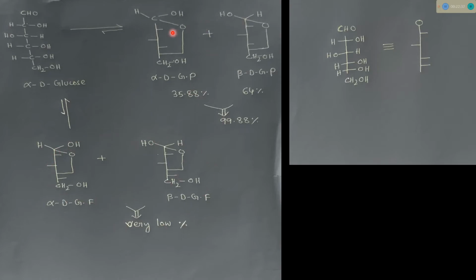Still, among these four anomeric forms, the proportion of this alpha D glucofuranose is very low, very low. Still, since only in this structure there are two equivalents of 1,2-diol, when acetone reacts with this anomeric form, then two equivalents of acetone are used up.